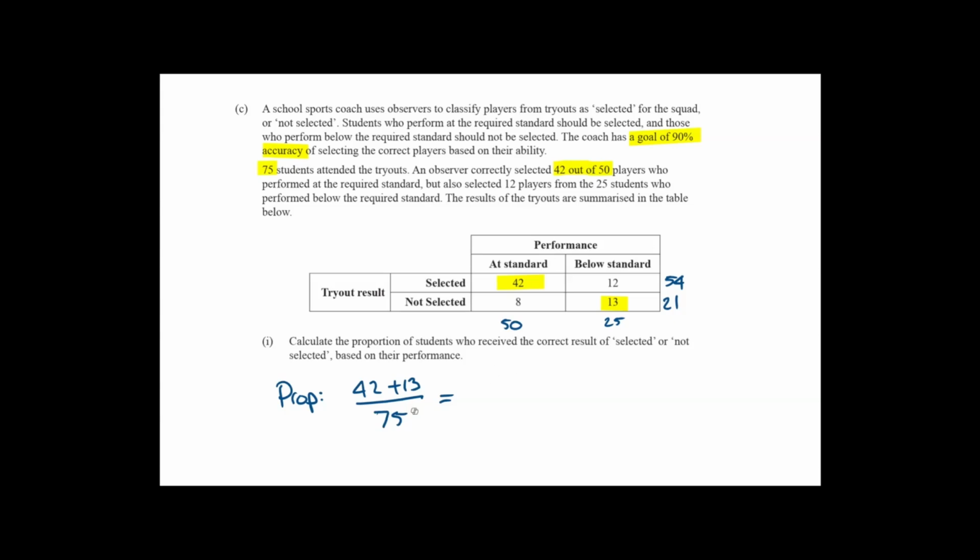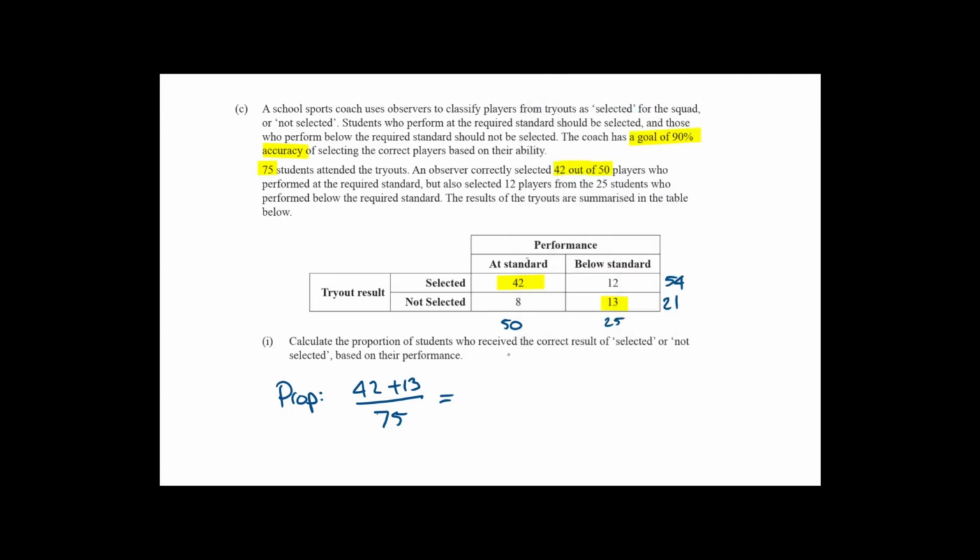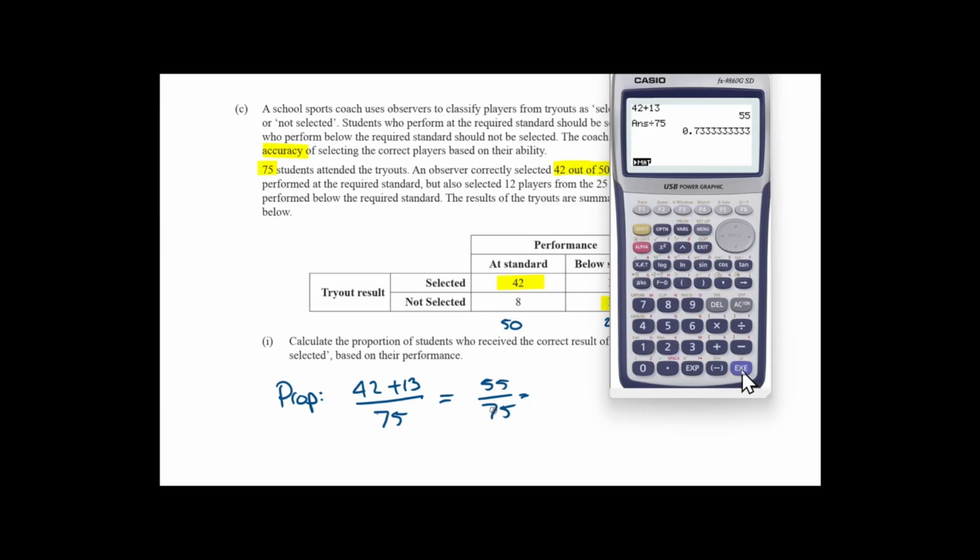So 42 plus 13, 55 out of 75. And they're all multiples of 5, so I think this is going to be a nice fraction for us.